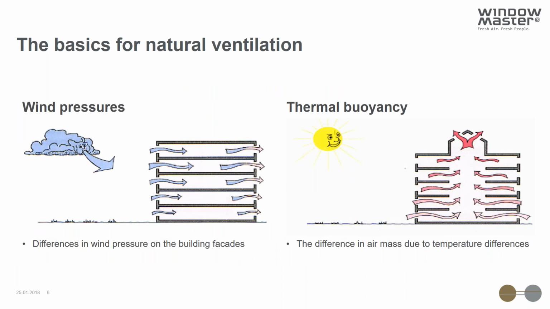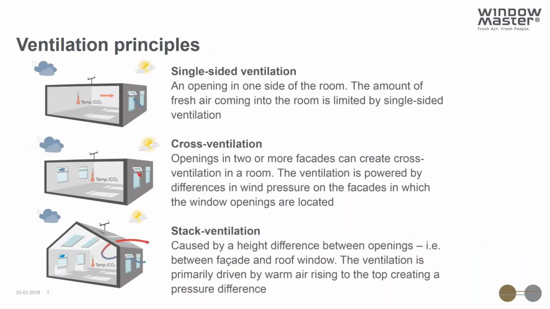Just some quick basics about natural ventilation. We have two main driving forces, which are the wind pressure and the thermal buoyancy. This leaves us with three main ventilation principles. Single-sided ventilation, where you only have one facade with openings.